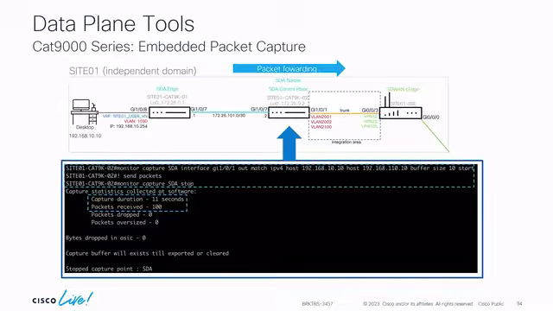You never know. The good thing about EPC, which you can use on Cat9K devices, is that it's kind of a single line. You specify that you would like to enable monitor capture on this specific interface. I'm doing that in out direction, so I expect packets to go out of this interface.